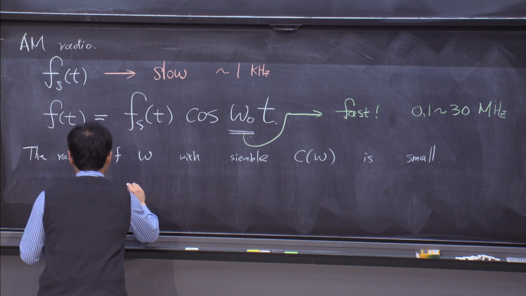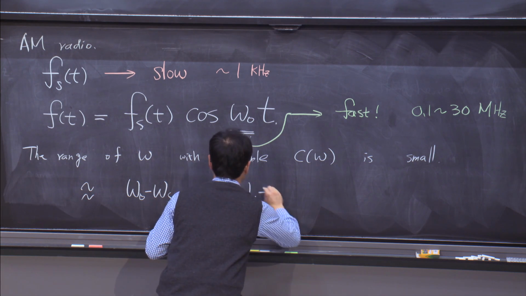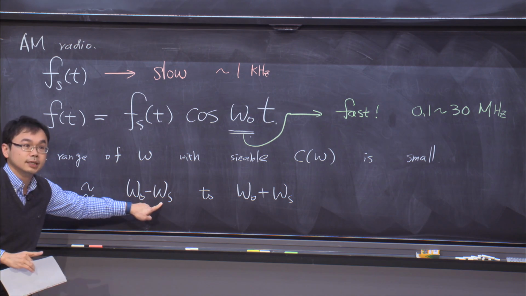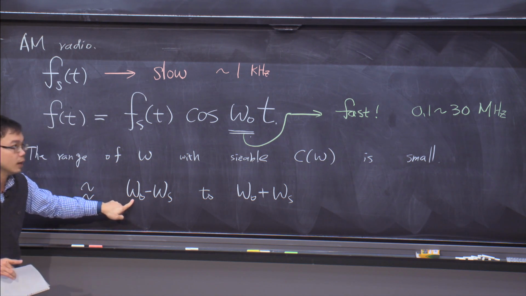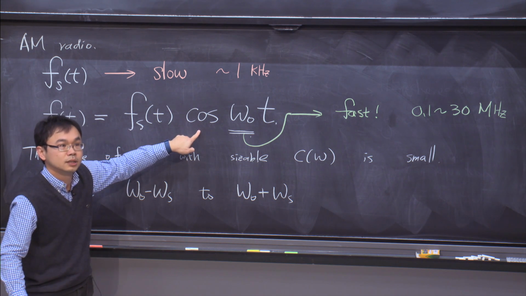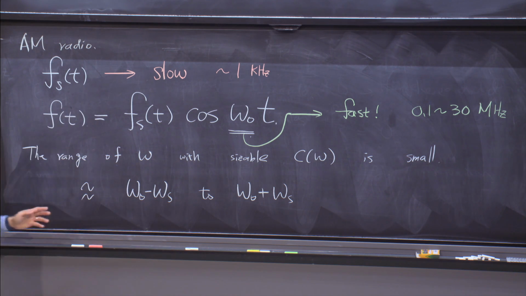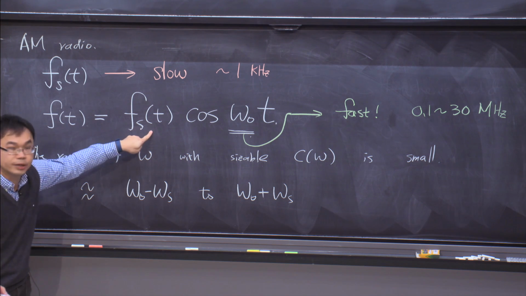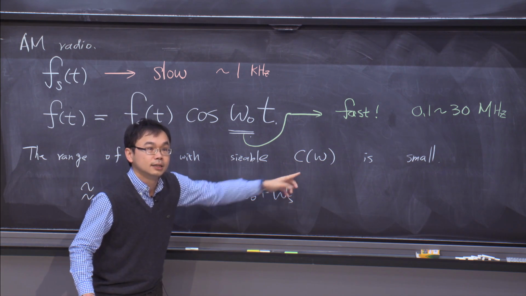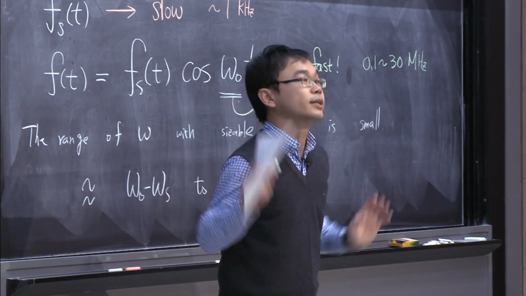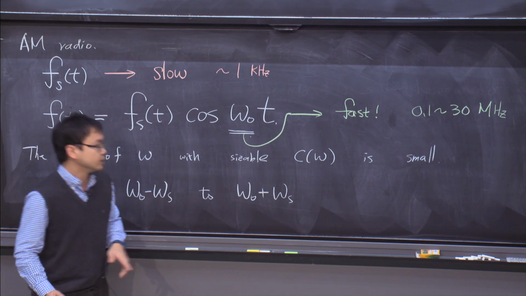It's roughly equal to omega 0 minus omega s to omega 0 plus omega s, where omega s is the typical frequency in your signal, and omega 0 is the frequency of your cosine omega 0 t term, which later you will recognize as the carrier. So if I do this trick, the range of omega in which you have a sizable contribution from C omega, the associated amplitude, is going to be confined in a really small region from omega 0 minus omega s to omega 0 plus omega s.